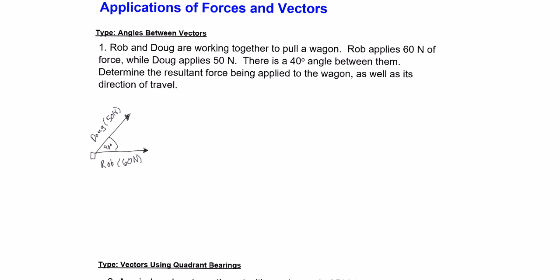So we're going to do that right now. Now, in doing so, you get something that looks like this, which is essentially Doug. Now, what we have to do is extend this line.